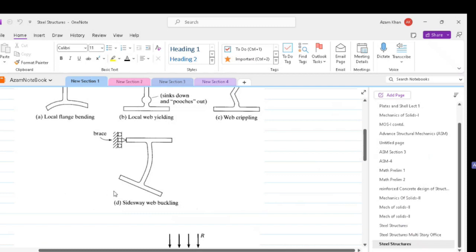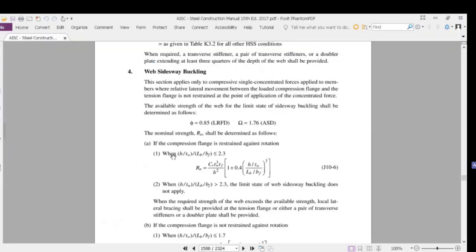So the code provides some conditions which, if satisfied, will ensure that the lower part of the flange won't buckle sideway. So if the compression flange is restrained against rotation, then we will have to satisfy the expression J10-6.